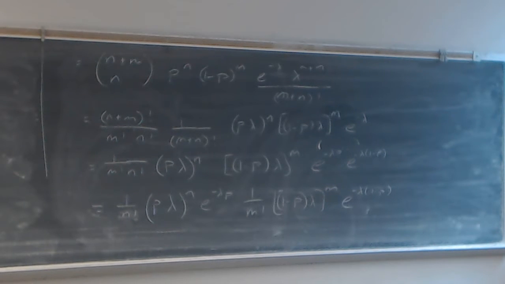Well, that's equal to the sum as m runs from 0 to infinity of the probability that n sub 1 equals n and n sub 2 is equal to m, so that's the joint PMF that we found.